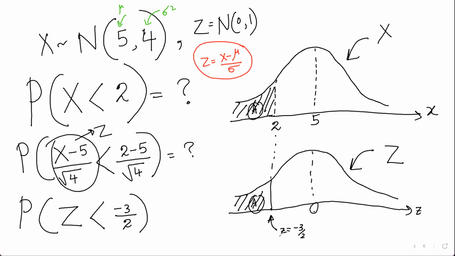Now, if we don't know how to find this, how do we find it? Right? Simply, what is this value? This is 1.5, no? Negative 1.5. So I'll go to the next page. The probability that Z is less than this is what we want to compute.